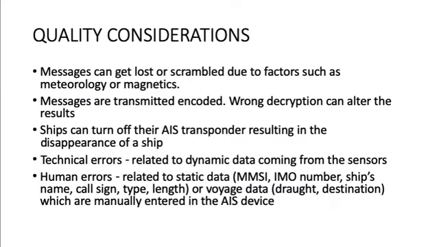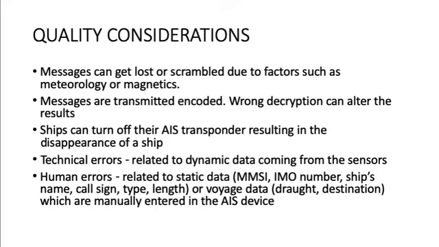One thing to consider when talking about the AIS dataset is that it might not be a perfect dataset because of lots of reasons. For example, the AIS messages can get lost or scrambled due to factors such as the weather or the magnetics. The AIS messages are transmitted in an encoded form.